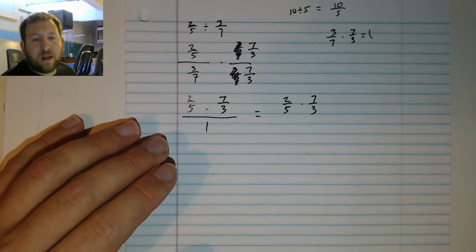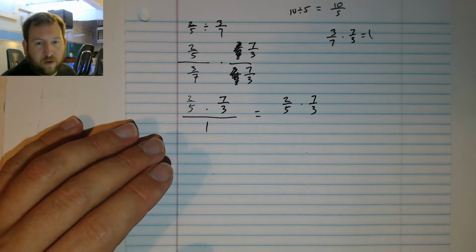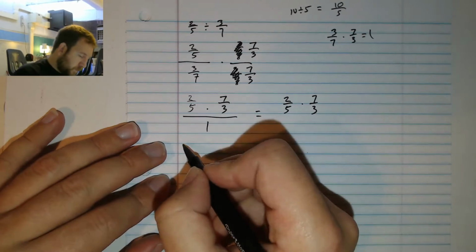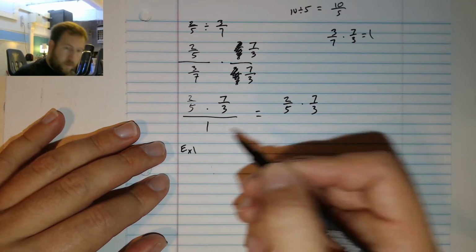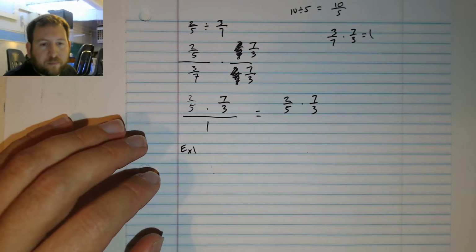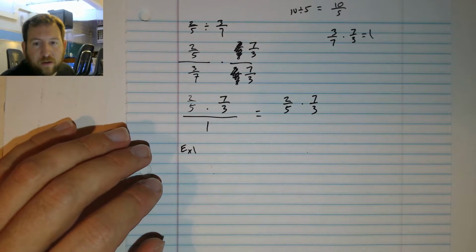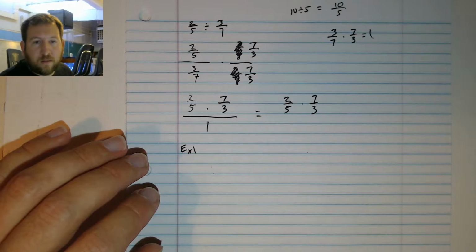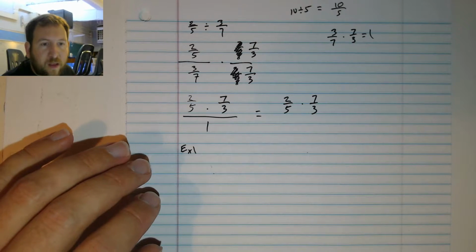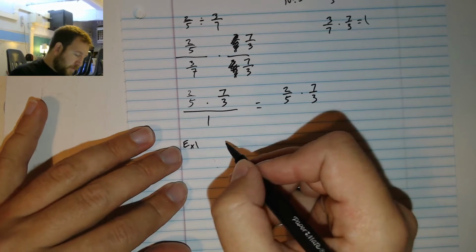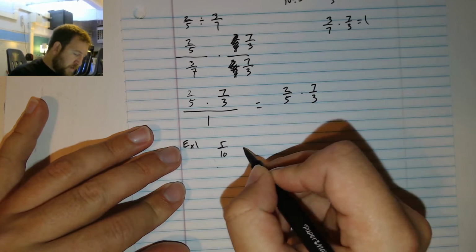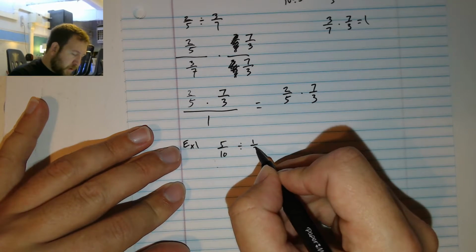All right, let's take a look at some examples before I confuse you too much. Example 1. We are going to take a look at 5/10 divided by 1/2.